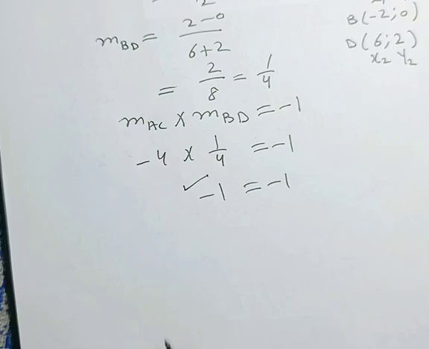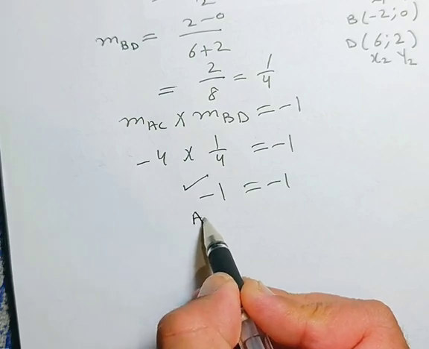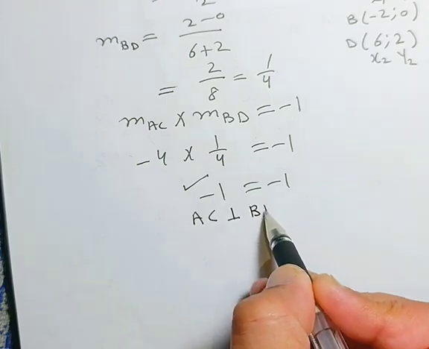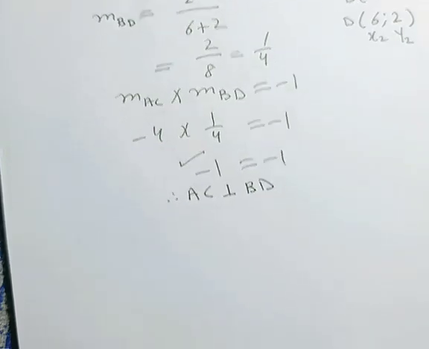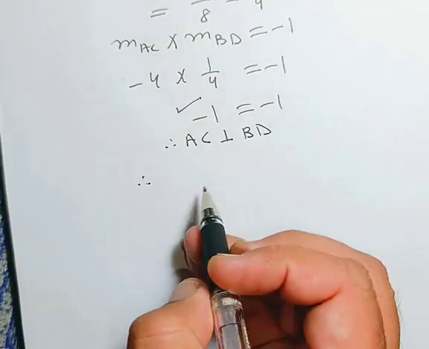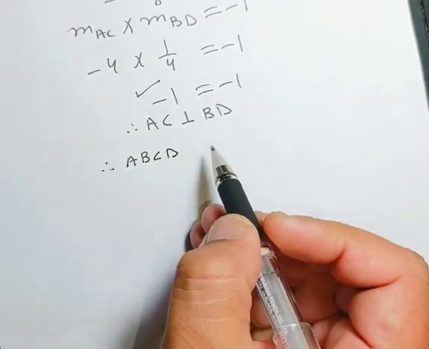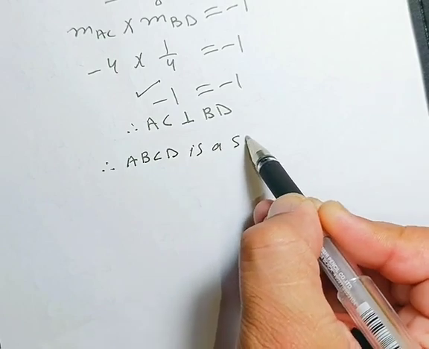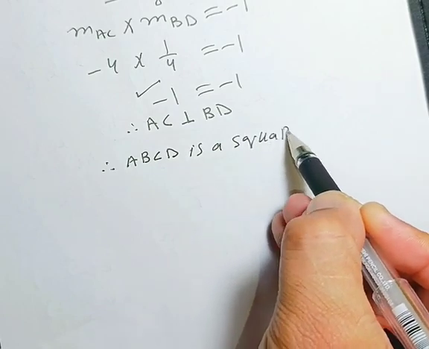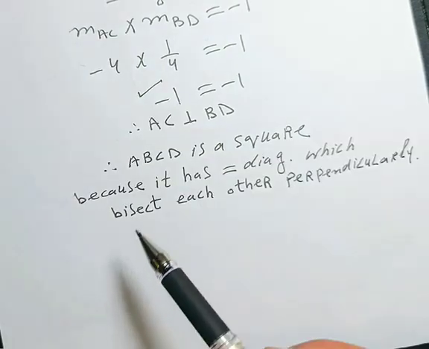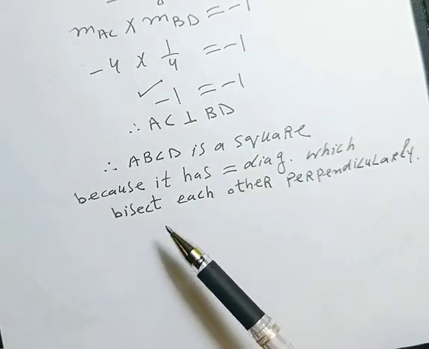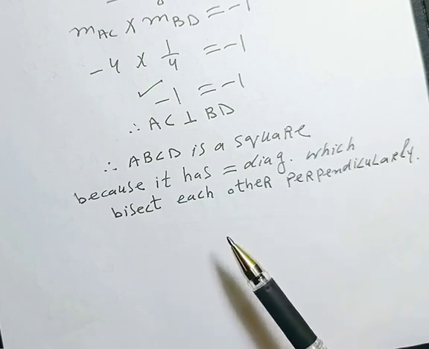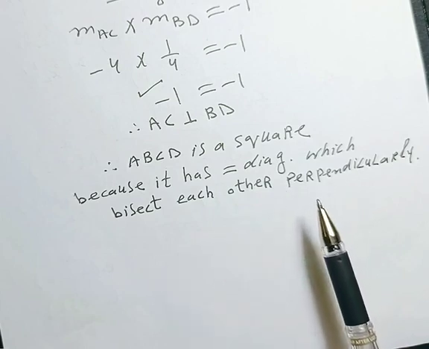So we can say AC is perpendicular to BD. Now we can say therefore ABCD is a square. So ABCD is a square because equal diagonals bisect each other at 90 degrees, or we can say perpendicularly.